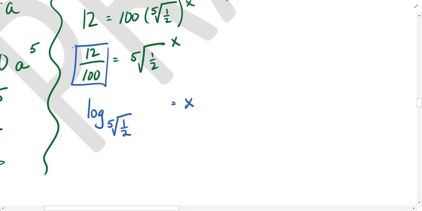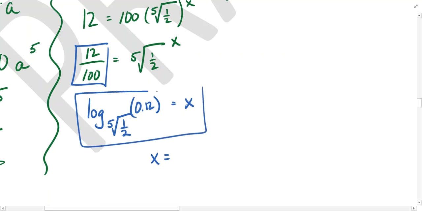Now 12 over 100 could be reduced to 6 over 50 or 3 over 25. I'm just going to change it to a decimal because I know I'm going to a calculator here in a second anyway, and 12 divided by 100 is 0.12. So evidently x, the amount of time that needs to pass, is simply equal to the result of this computation.